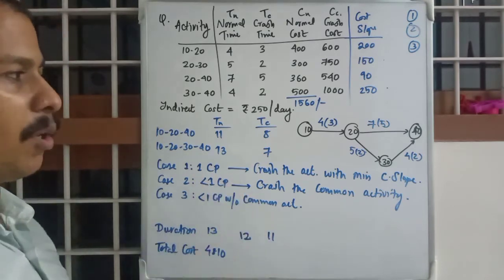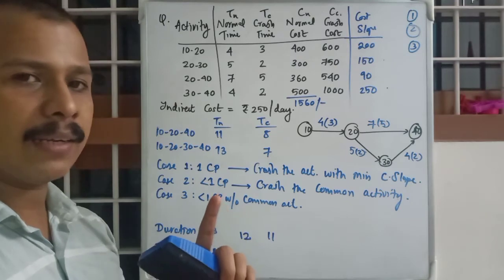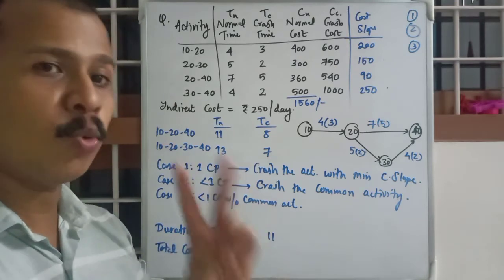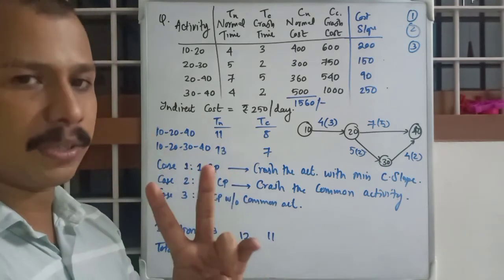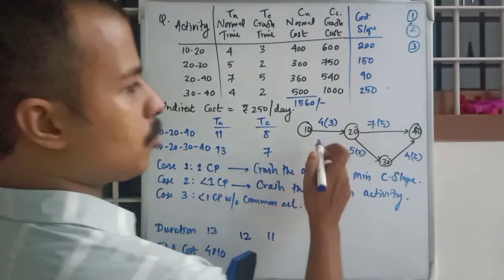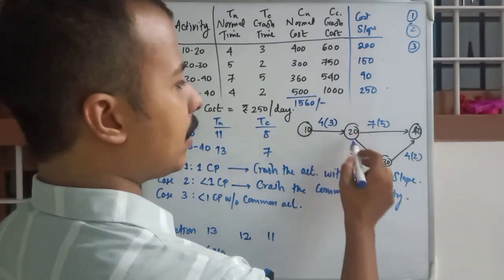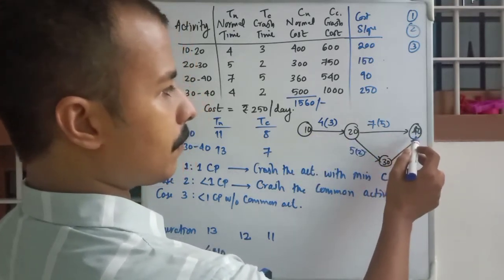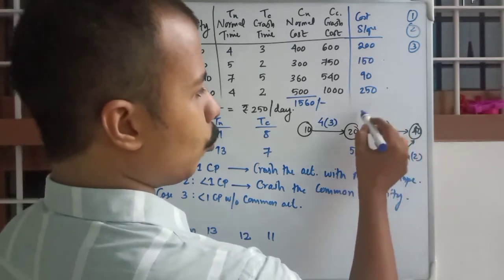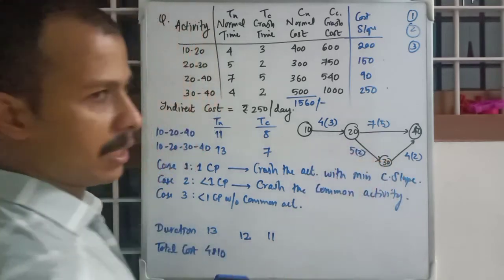Okay, then what we will do is, we will take each critical path and take two activities. We will crash two activities because there will be two paths, right? If suppose this was the issue, 1, 10, 20, 40 and 10, 20, 30, 40, we will take one from this critical path and the other from another critical path.